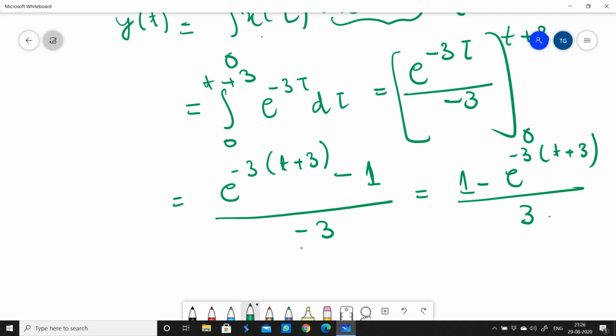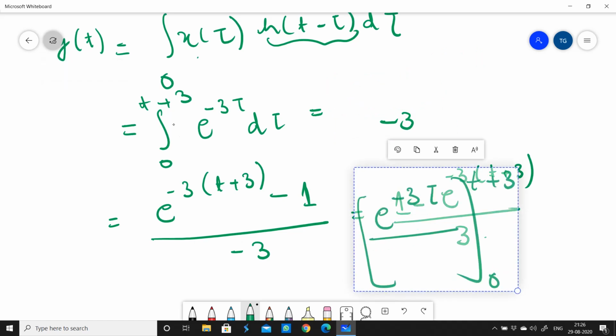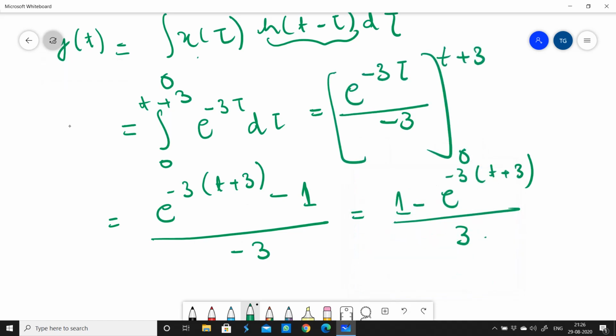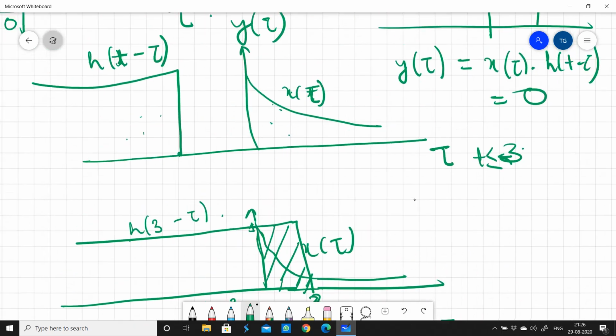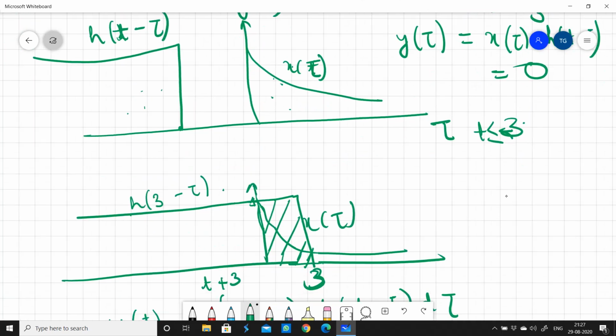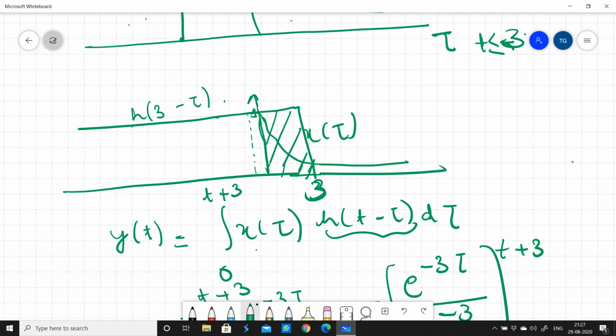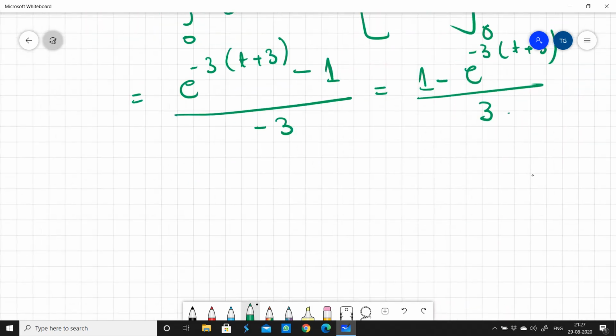So thus, when my t is less than minus 3, it is from this side, then there will be no overlapping and the multiplication of these two signals will be 0.